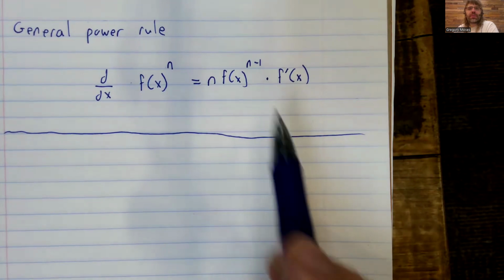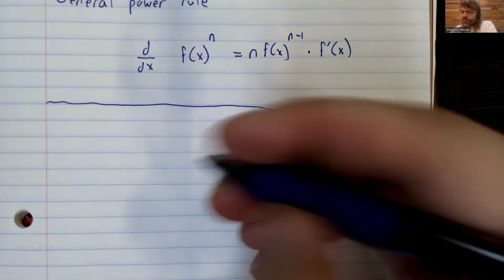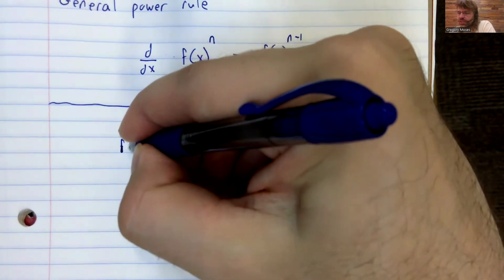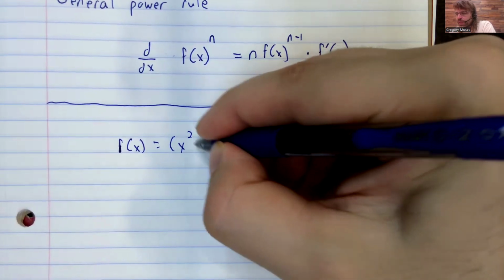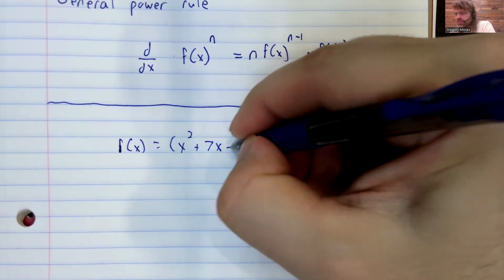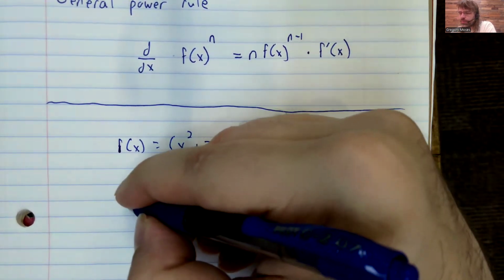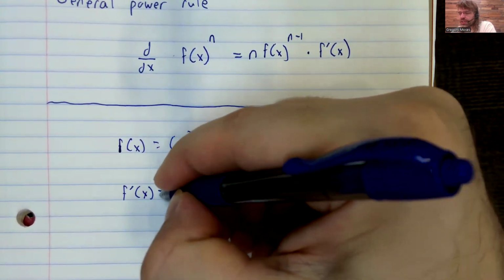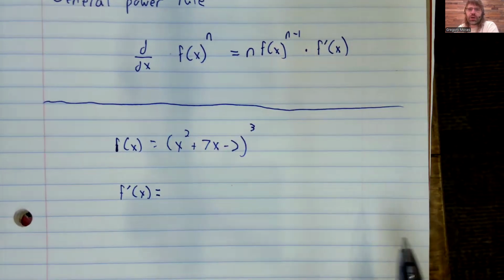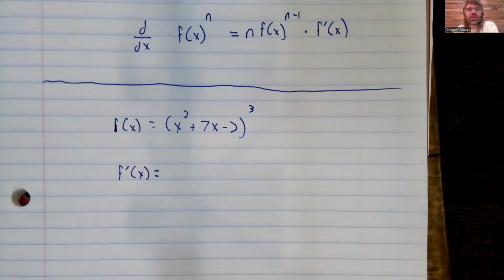But by memorizing this, now you can see a problem like this. You can see f of x equals x squared plus 7x minus 2 to the third power. And if you want its derivative, instead of pausing and going, okay, what's the outside function? What's the inside function?